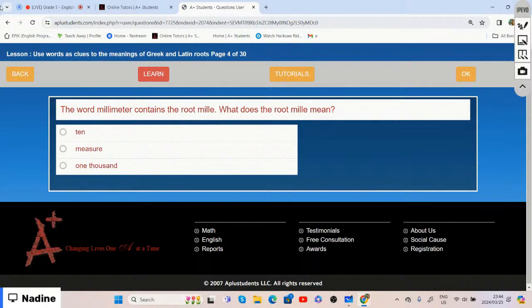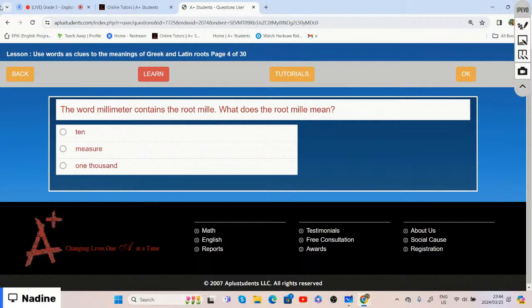How many millimeters are there in 1 meter? Think of that. That will basically give us the meaning of the root word milli.